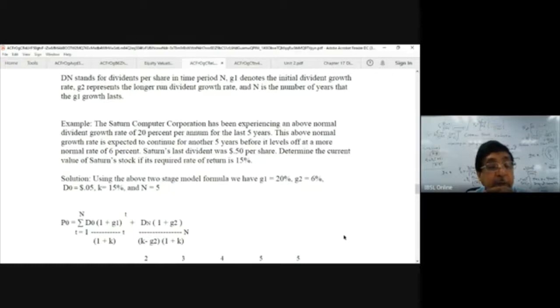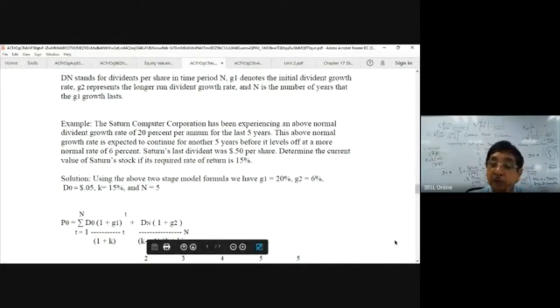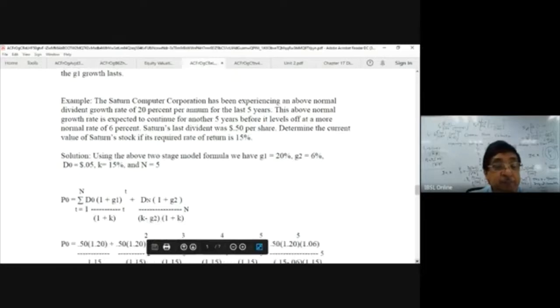What is the 5th year dividend? D0 into (1 plus G1) to the power 5. That's the 5th year dividend. And it has to be multiplied with the next year's dividend growth, and that would be G2 divided by K minus G. I will show it on the board, right? I think you may not be in a position to. If you merely apply the formula, you can arrive at the answer.